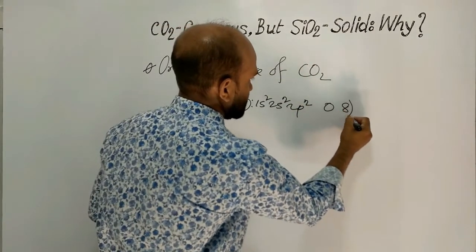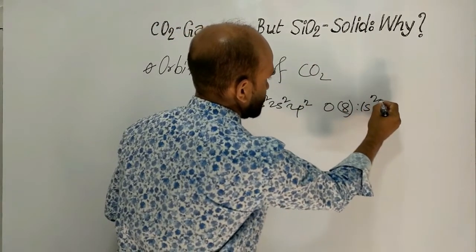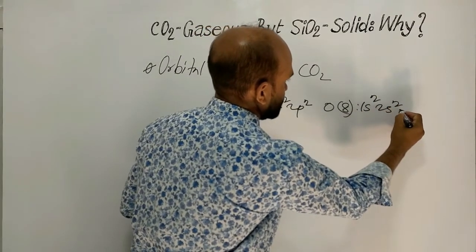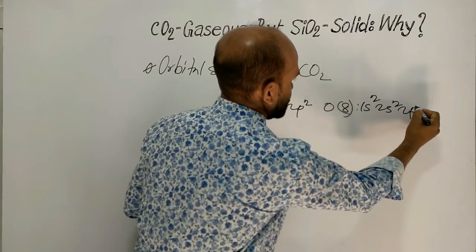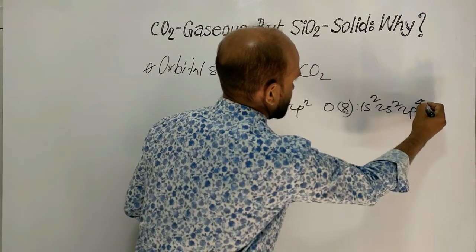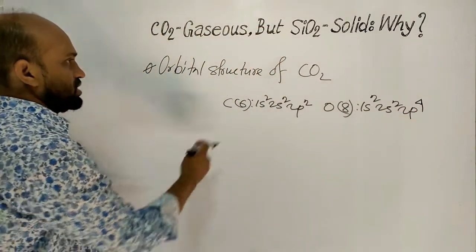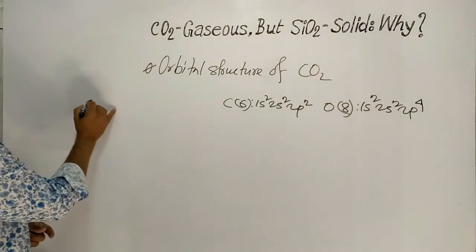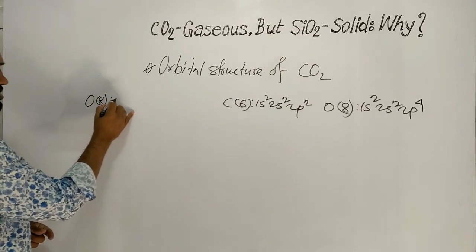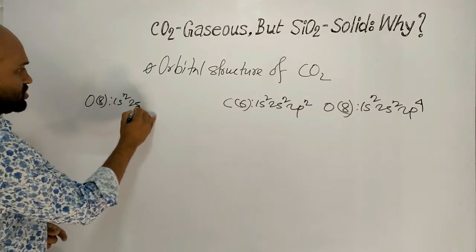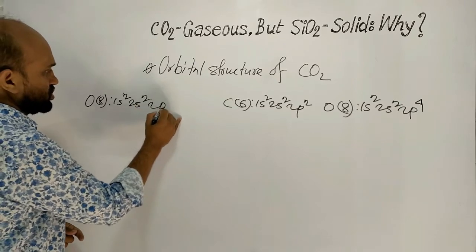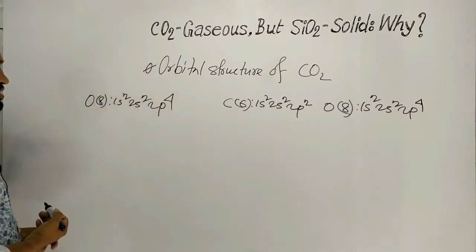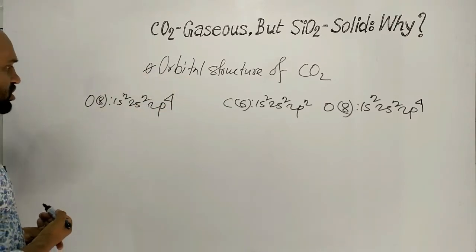Oxygen, atomic number 8: 1s2, 2s2, 2p4. Another oxygen, 8: 1s2, 2s2, 2p4. Let's write in box system.